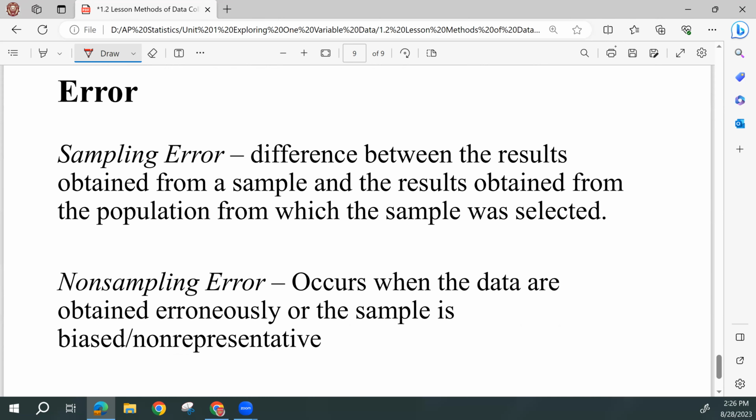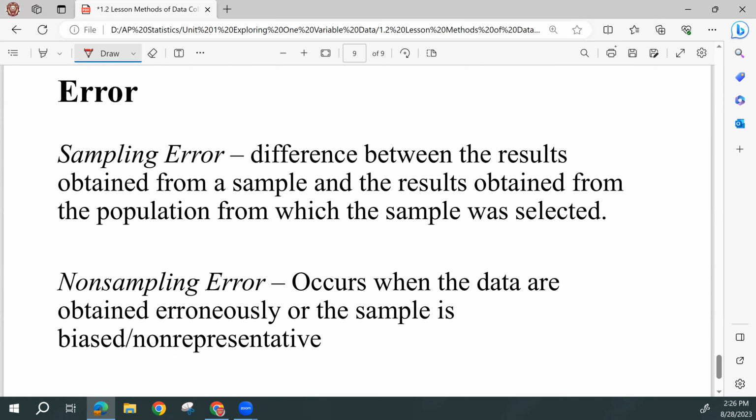Collecting data is an imperfect thing. We will do our best to mitigate any biases that might exist. So we would not want to convenience sample. If there was something about, say, grade level that was important to us, we'd want to make sure we do a stratified sample so we get a representative sample of our population.